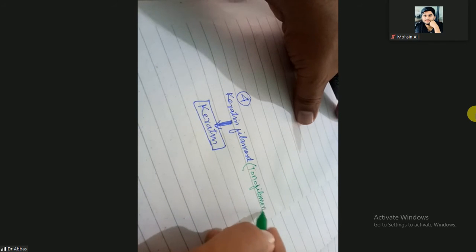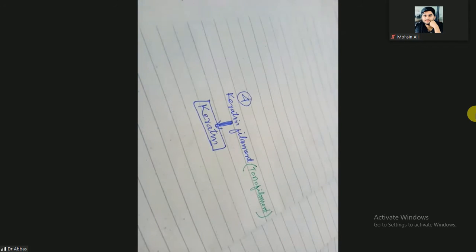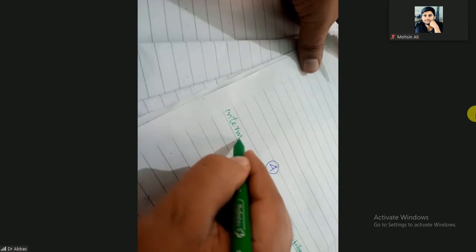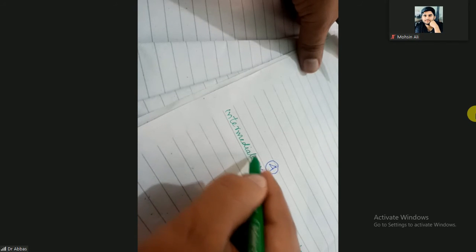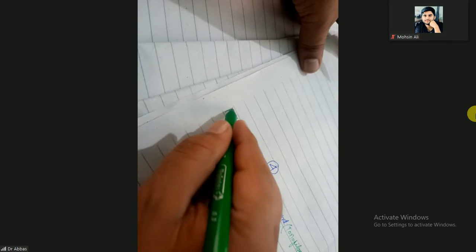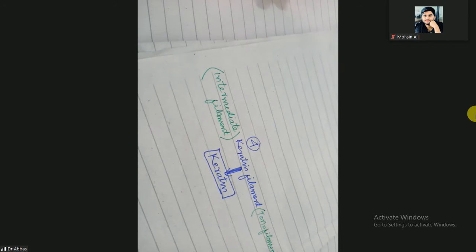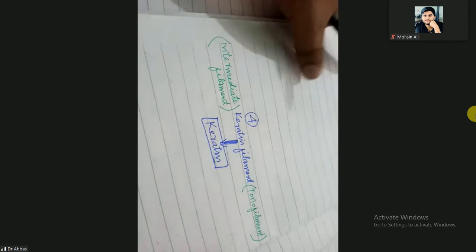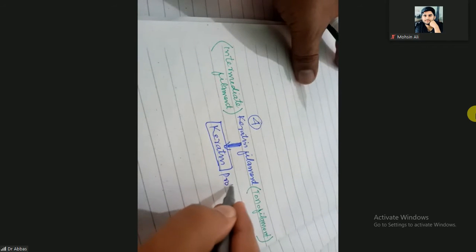Also these are known as intermediate filaments. So how many names of the keratin filaments? Three names: keratin filaments, intermediate filaments, and tonofilaments. These are made up of the protein keratin.